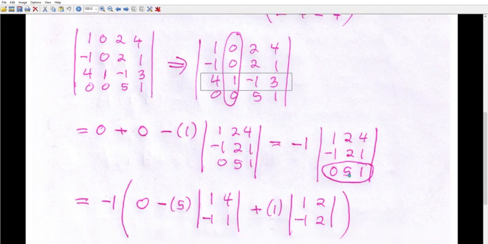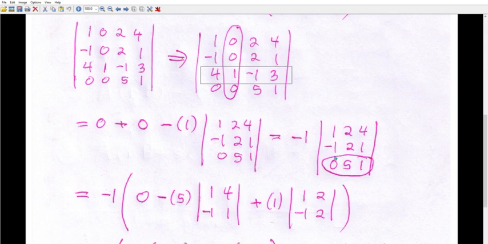And now what we have to do is calculate the 3 by 3. And what we're going to do here is use the third row, the idea being there's a 0 here. I might just as well use the first column, but the third row just for practice. And we get a 0 from this guy. 5 is in an odd position, third row, second column, 5. So we get a minus 5.